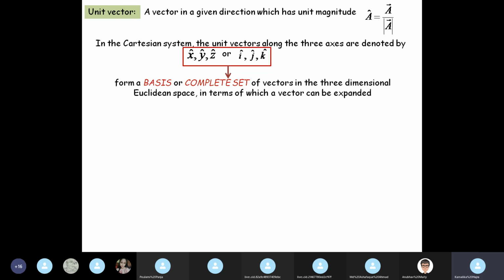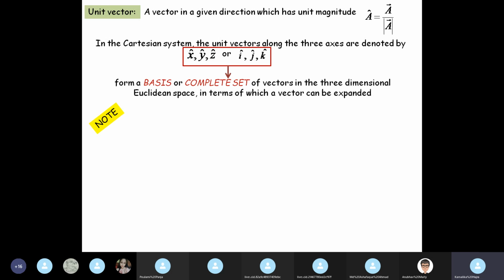This is a very, very important concept. Why do the Cartesian unit vectors form a complete set? They form a complete set, or sometimes we say a basis, because any vector in the Cartesian system can be expressed in terms of i cap, j cap and k cap. Clear?